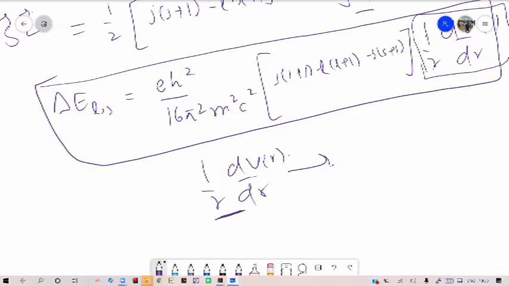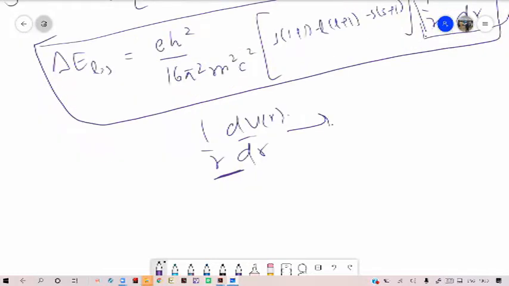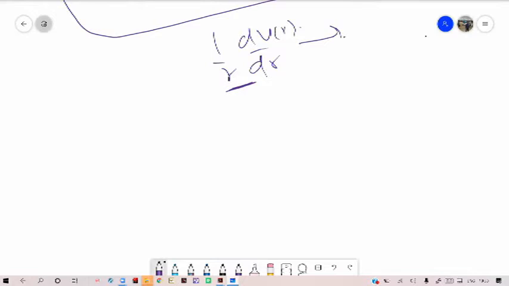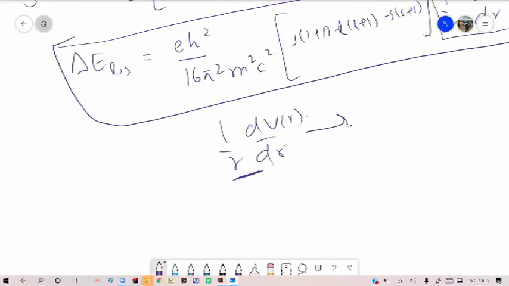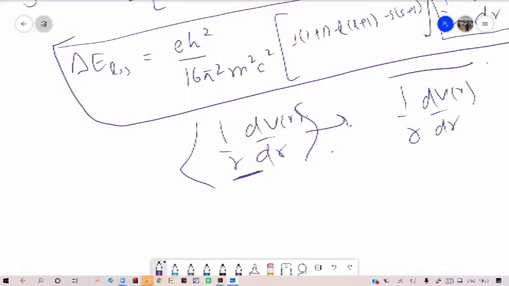This 1 by r varies over the whole orbit, and under the influence of this potential field, because of the relative motion of the nucleus, dV by dr varies. So it's not constant during electron motion, and we take its average value, or we can simply write 1 by r dV by dr, with a bar. This is the average value of this function.